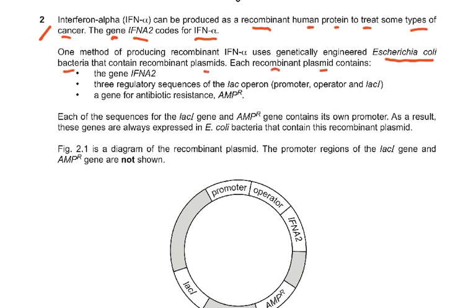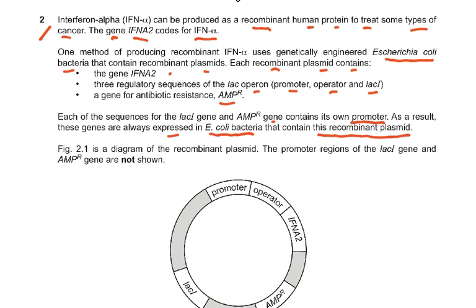Each recombinant plasmid contains the gene IFNA2, regulatory sequences of the lac operon (promoter, operator, and lac-I), and a gene for antibiotic resistance, AMPR. Each of the sequences for the lac-I gene and AMPR gene contains its own promoter. As a result, these genes are always expressed in E. coli bacteria that contain this recombinant plasmid.